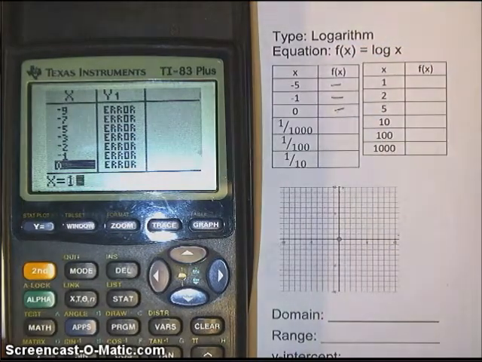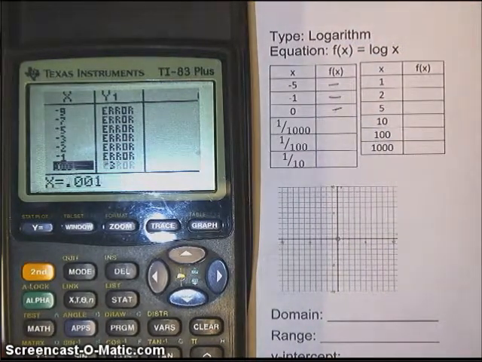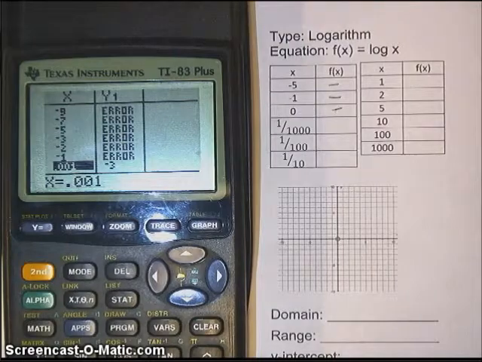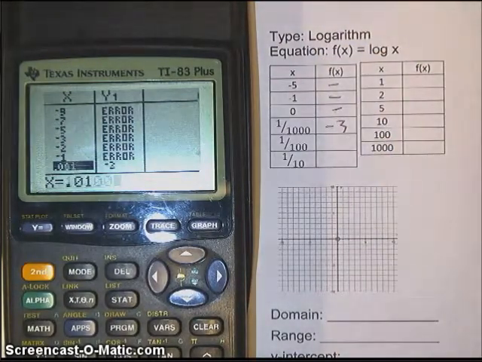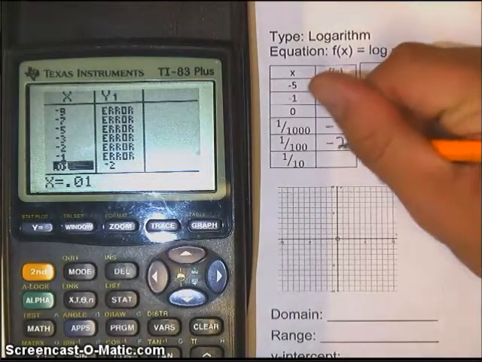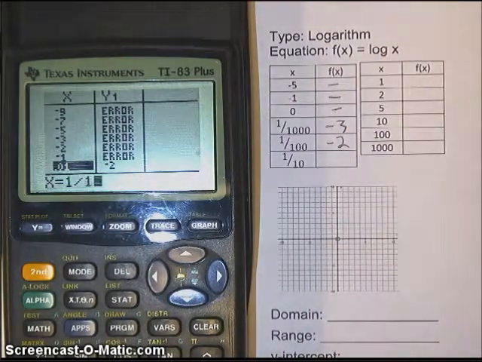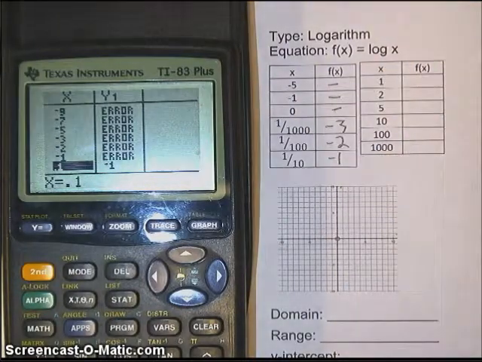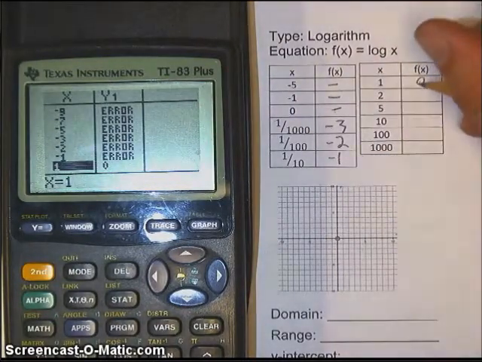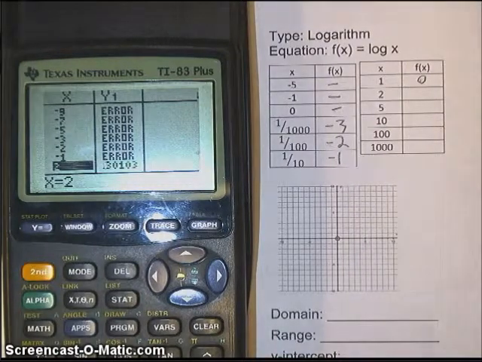But what about 1 over 1,000? Well, that one it will give me. That's -3. How about 1 over 100? That's -2. How about 1 over 10? That's -1. What about just 1? Oh, that's 0. What about 2?